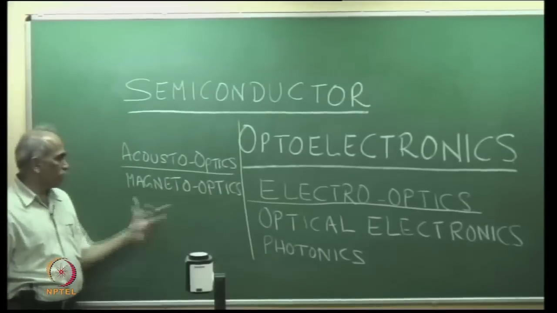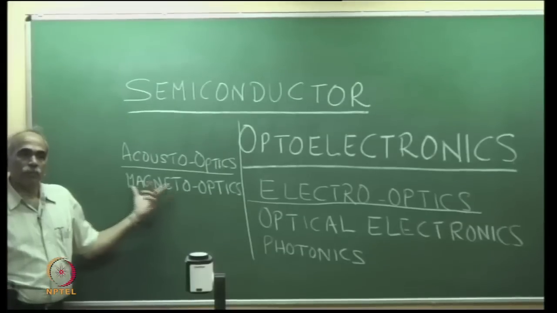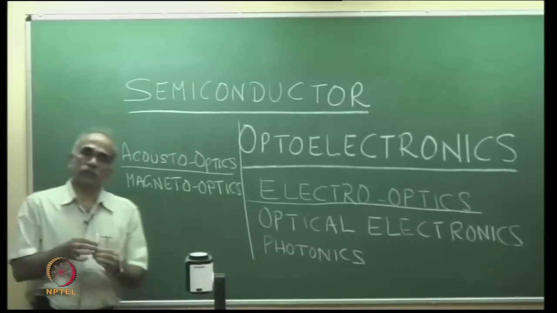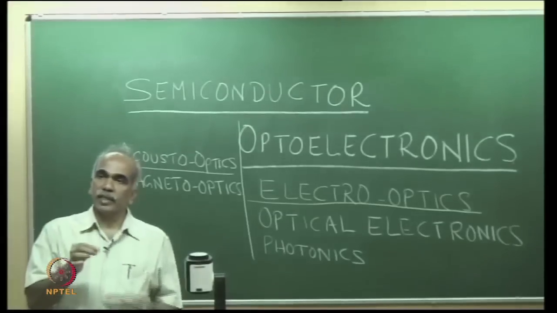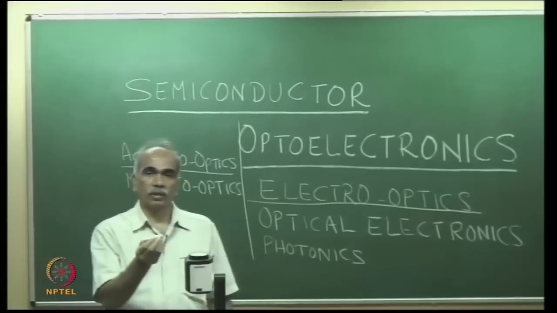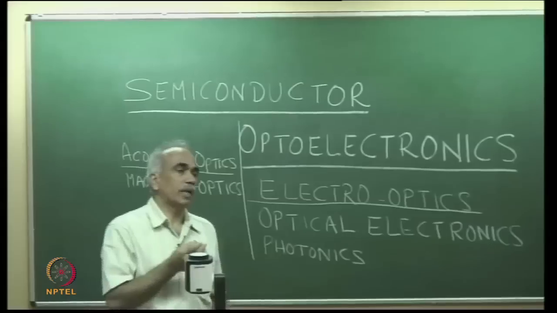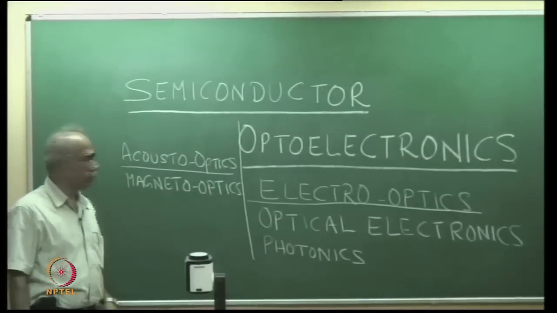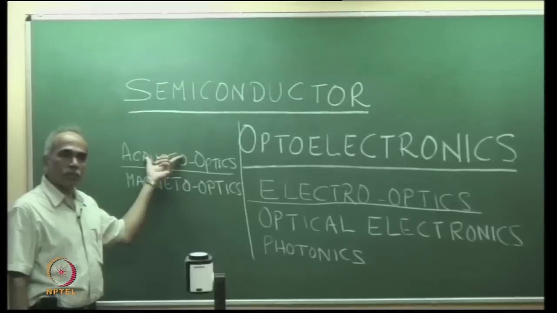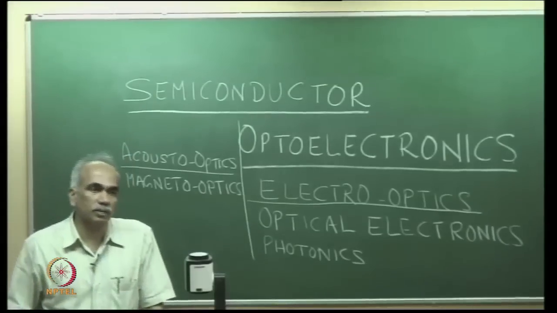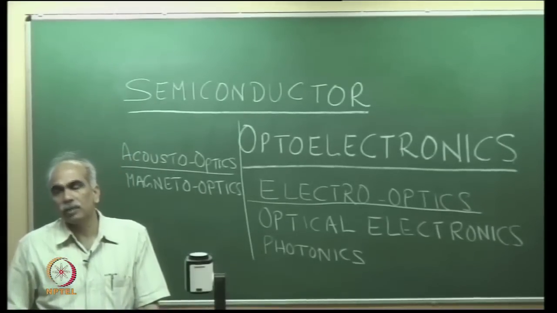One of the important effects in magneto-optics is the Faraday effect, where the polarization state of plane polarized light rotates due to an applied magnetic field. There are many applications of the Faraday effect. Similarly, in acousto-optics, there are two important subdivisions, Raman-Nath diffraction and Bragg diffraction, with a large number of applications.